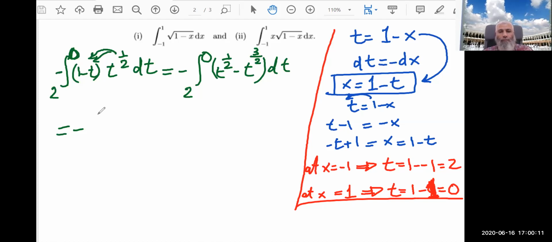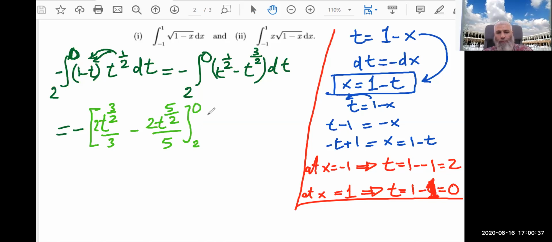We add 1 to the power here, so this is t power 3/2 divided by 3/2, which is multiplied by 2 over 3, minus t power 5/2 over 5/2, which is multiplied by 2 over 5, from 2 to 0.